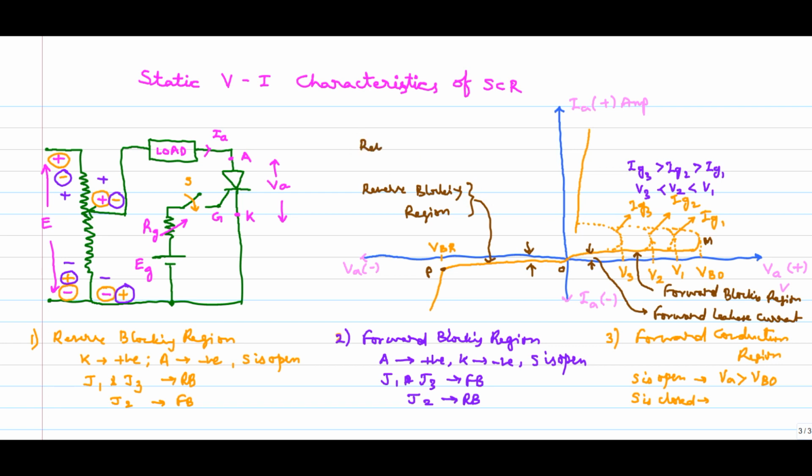So this is called reverse leakage current. And from P, let me take point Q. From P to Q, this is called the reverse avalanche region, when reverse breakdown has completely happened.